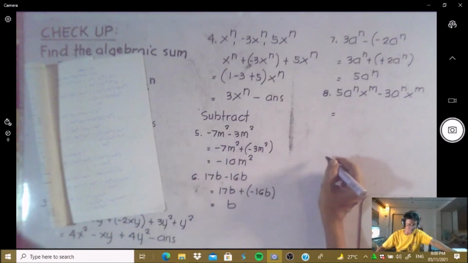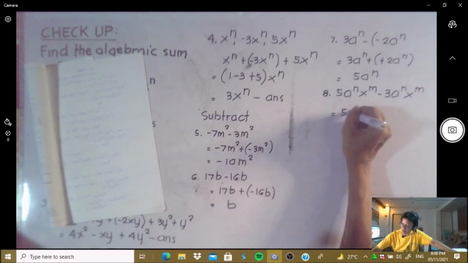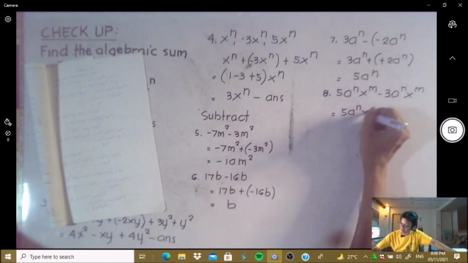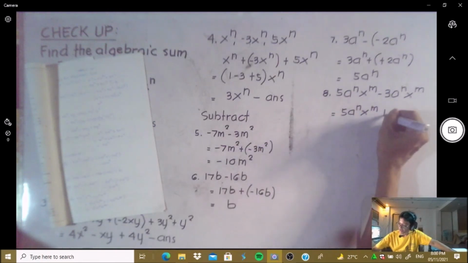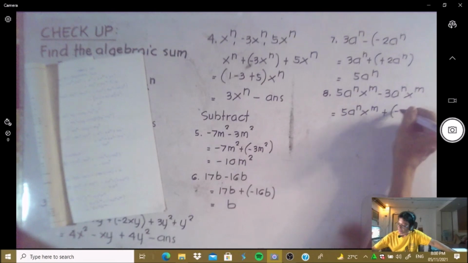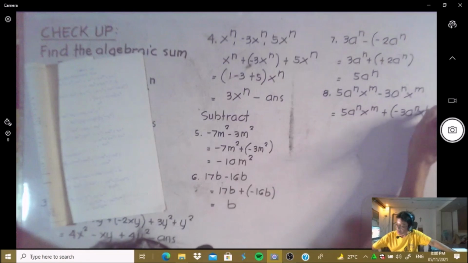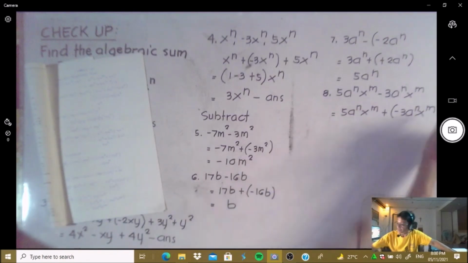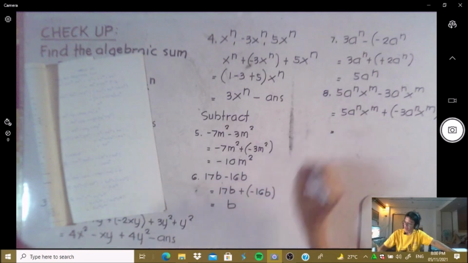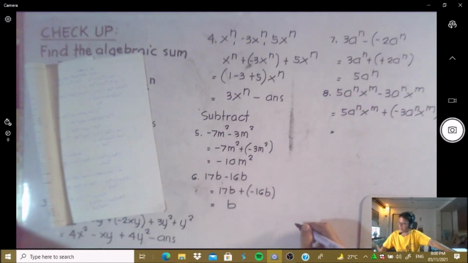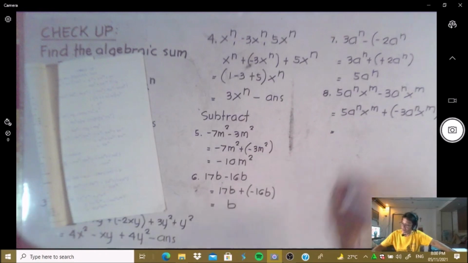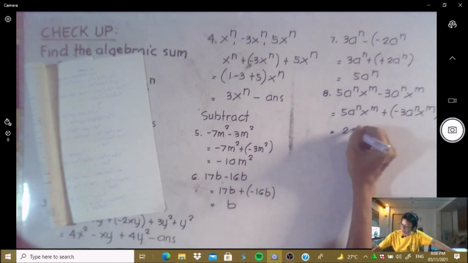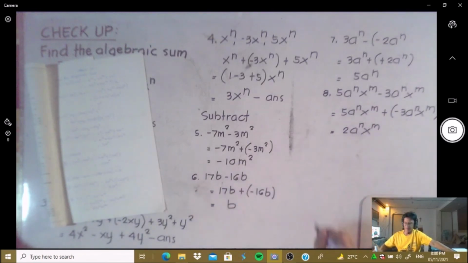Okay, so we have 5a raised to n, x raised to m, then proceed to addition, then change the sign of the subtrahend. So we have negative 3a raised to n, x raised to m. Okay, so therefore, adding unlike signs, we have 5 minus 3, that will be equal to 2a raised to n, x raised to m. Okay, so that is number 8.